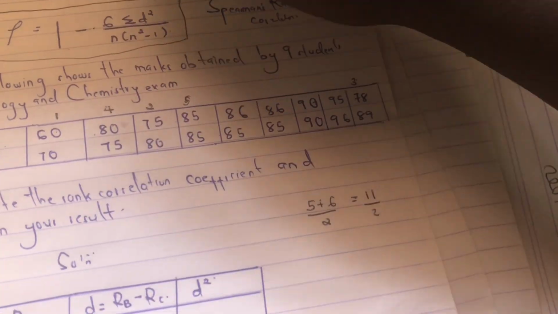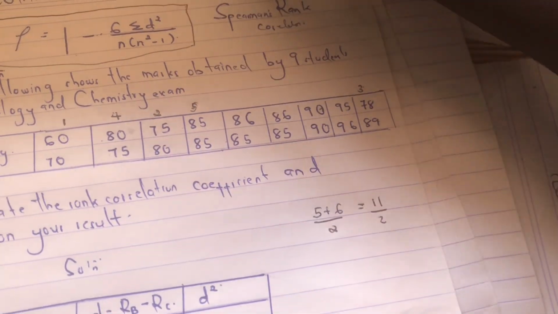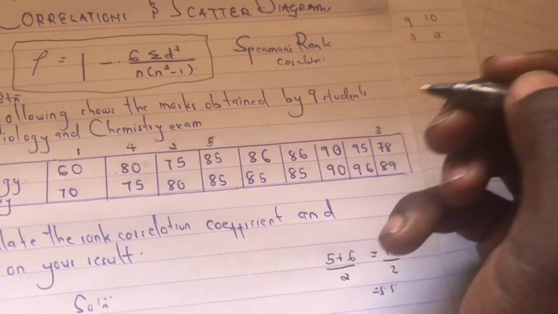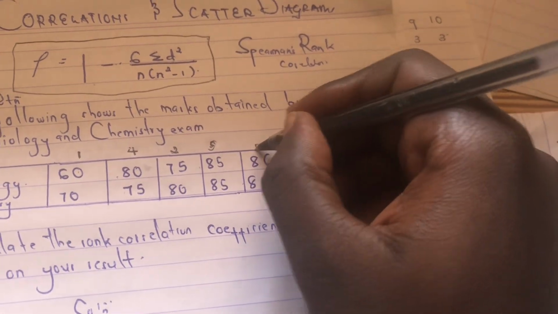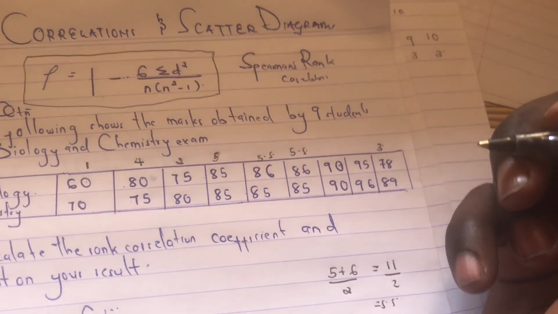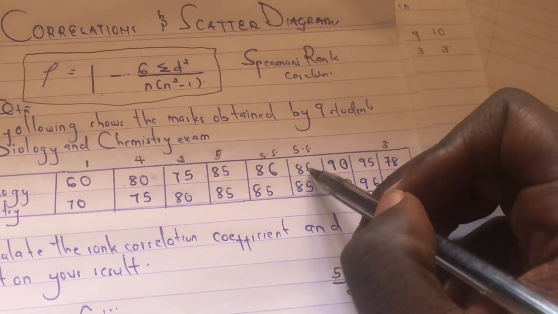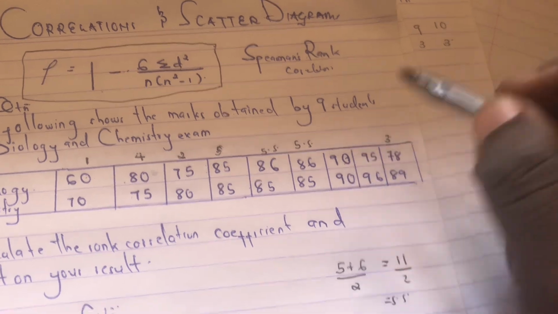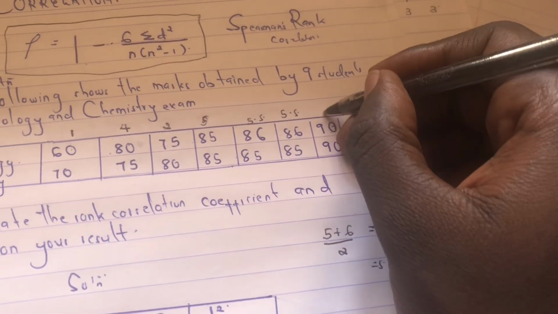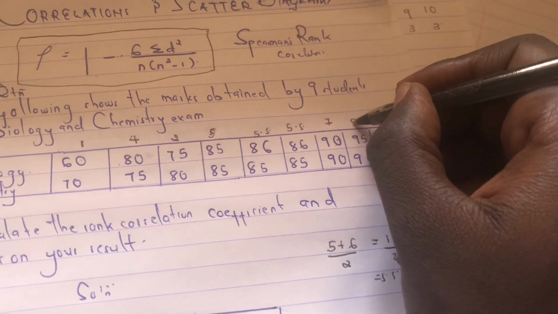When we get 11 and divide it by 2, we shall actually get 5.5. So that means here we shall write 5.5 and this will be 5.5. Then after what follows, it's 90. But after this, remember we stopped on 6, so we continue. This would be 7 and this will be 8.